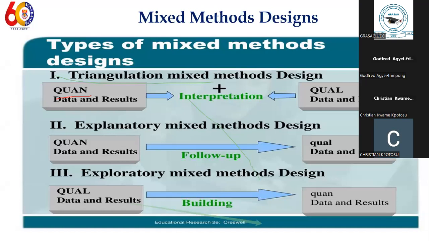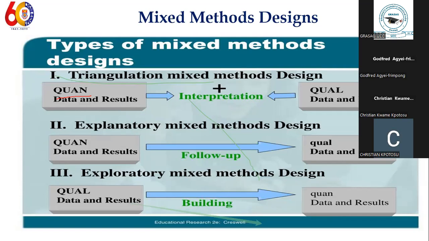After we have gotten the information from them, we can now come back, sit down, and use that information to design a survey, an instrument that we can give out to a very large population. And now we can say, oh, the attitudes of Ghanaian students are so and so. So you use the qualitative to build up the quantitative, because the qualitative forms the basis of your data collection. That is why in some research, you need to use the exploratory mixed methods design.